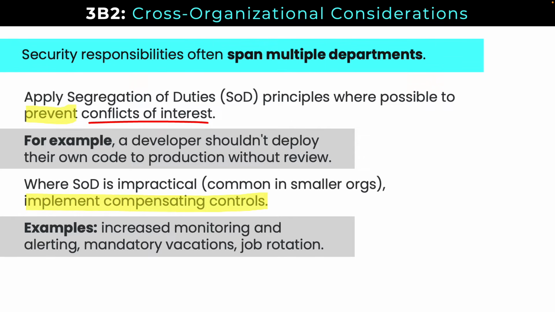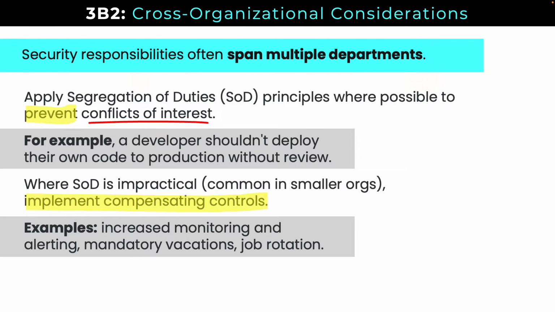For example, increased monitoring and alerting. In a small organization, we might find that having an approval process where one person requests elevated access and somebody else approves that access might be impractical. And so as a compensating control, we simply turn up the logging and we add an alerting function.